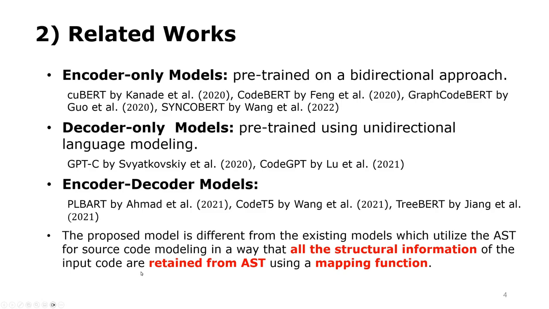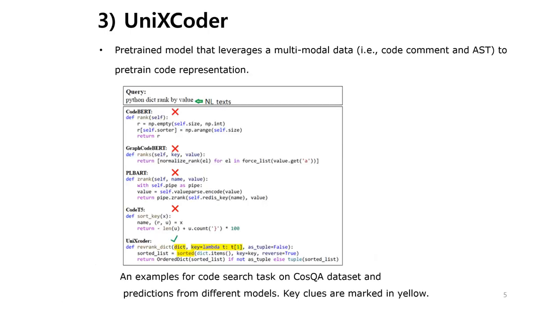Most of you have been familiarized. The special issue in this paper is that this model uses all of the source code structural information from the AST using the mapping function. We'll see what the mapping function is and other details in later slides.